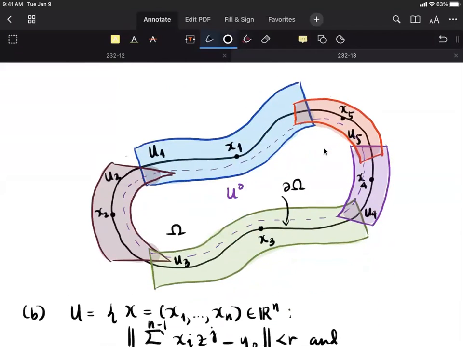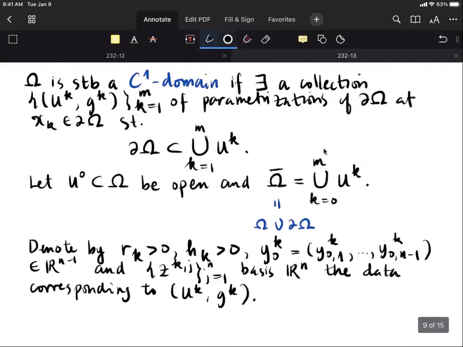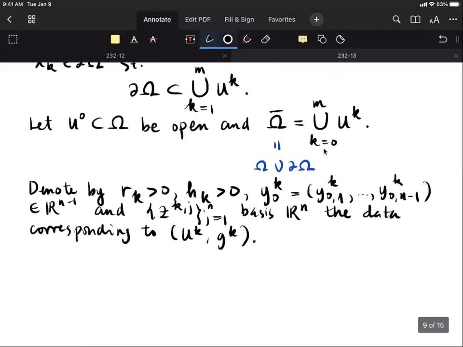This orthonormal basis can be obtained, let's say, after some rotation of the canonical basis in Rn. Here we have superscripts k denoting the number of parameterizations.